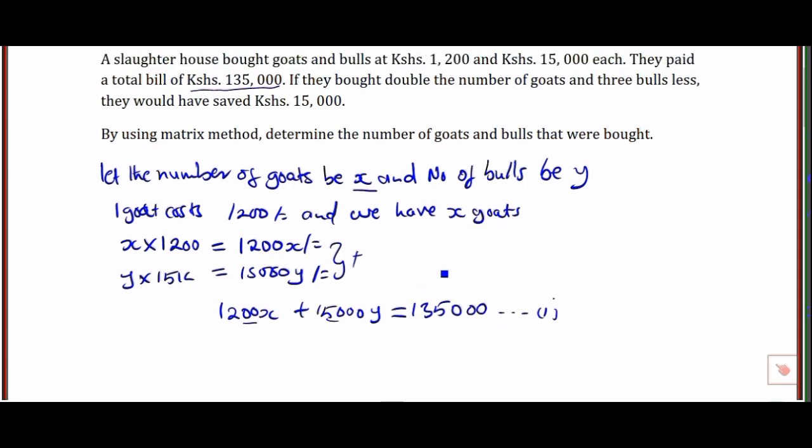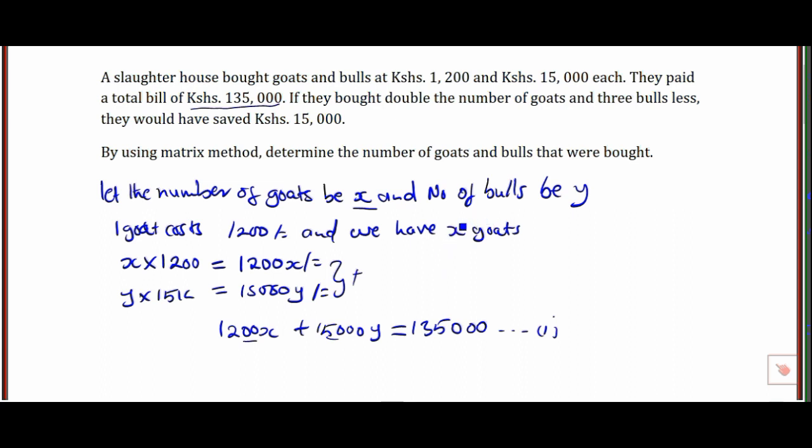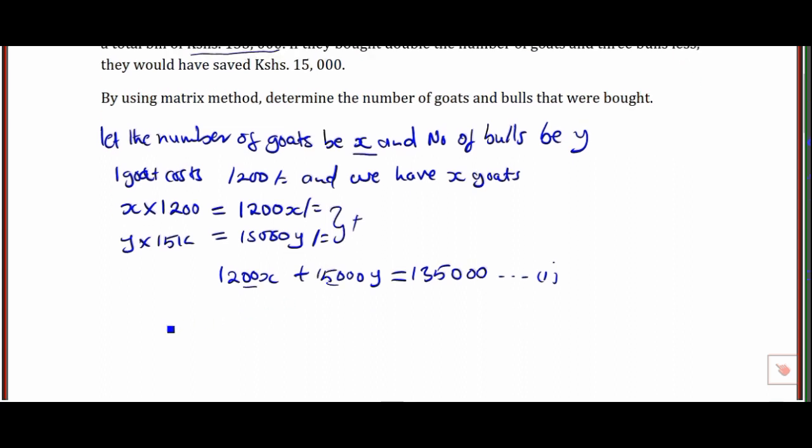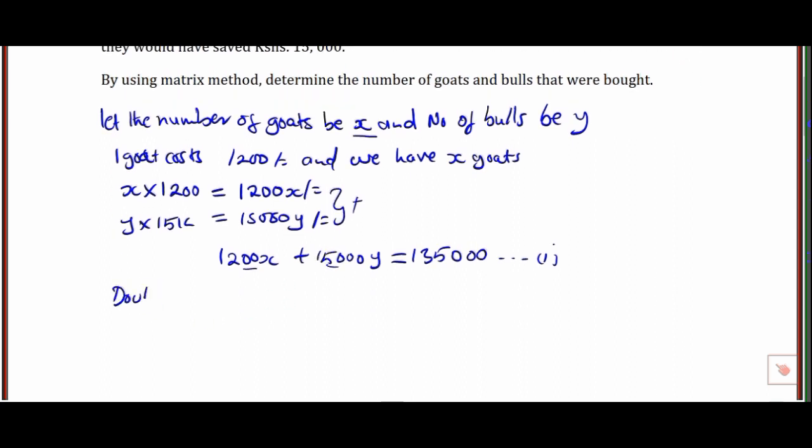Now if we proceed with the question, you are being told that if they bought double the number of goats and 3 bulls less, they would have saved 15,000. Now, double the number of goats. The number of goats, we did let be x. So if you double, it means you multiply by 2 and you get 2x goats now.